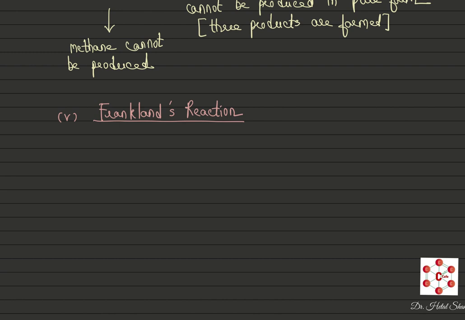In Frankland reaction, the same thing is accomplished in a very different way. We don't use sodium here. We use zinc. Frankland reaction is very similar to Wurtz's reaction, but the only thing is Frankland replaced sodium by zinc.